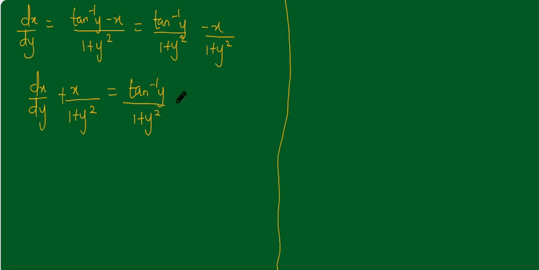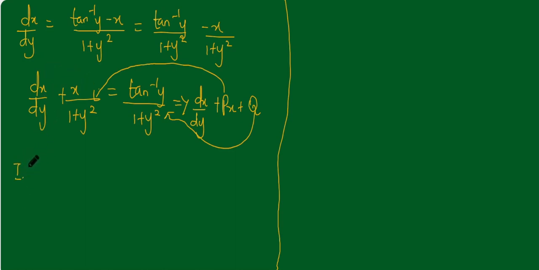Now this looks like the desired form, dx/dy plus Px equals Q. And we can see from here that P is 1 over 1 plus y squared, and our Q is tan inverse of y divided by 1 plus y squared. So the next thing is to find our integrating factor.